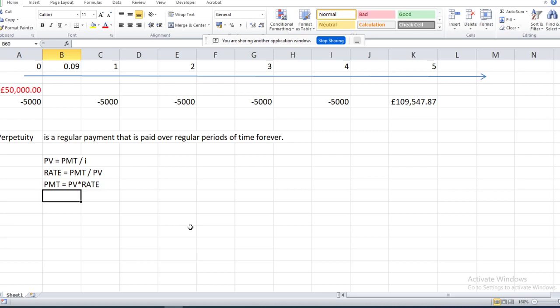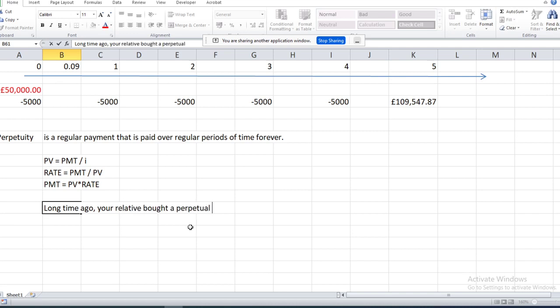So let's have a couple of examples. Let's say long time ago, your relative bought a perpetual government bond that pays, let's say, $200 every year.